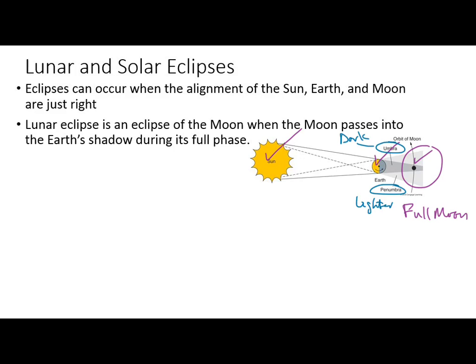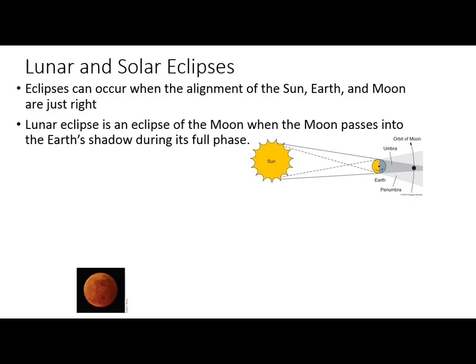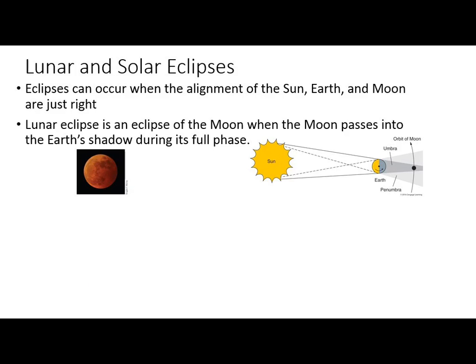If the moon goes through the Earth's umbra, that's when you get a cool total eclipse. And we were talking about the blood red moons. At what we call totality, when it's entirely in the Earth's shadow, it looks like this.